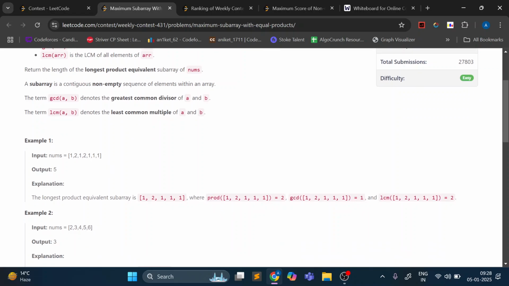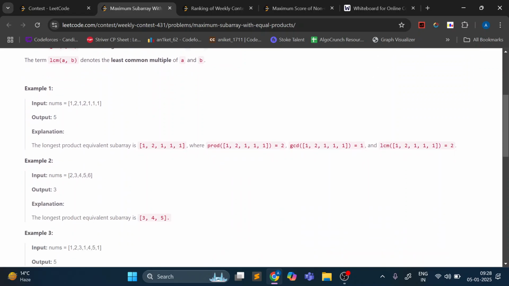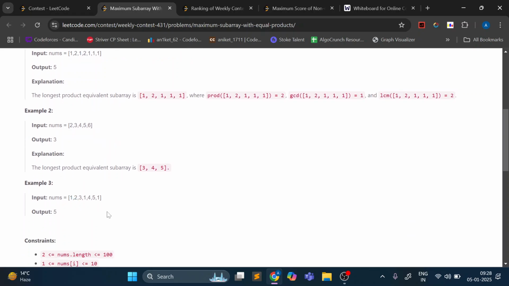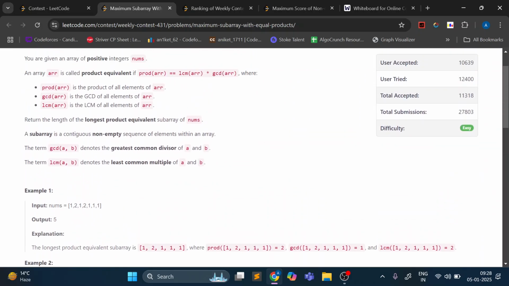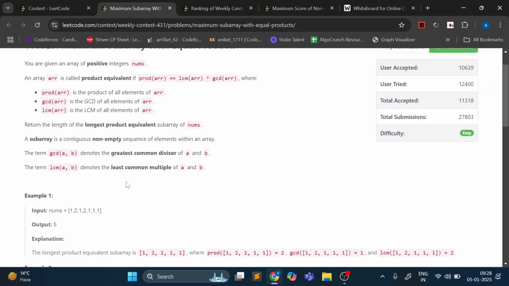That's why here the answer is 5. Similarly, here the answer is 3, here the answer is 5. You can go through the possible solutions. But yeah, this is basically a brute force solution. So we just have to write a brute force solution.